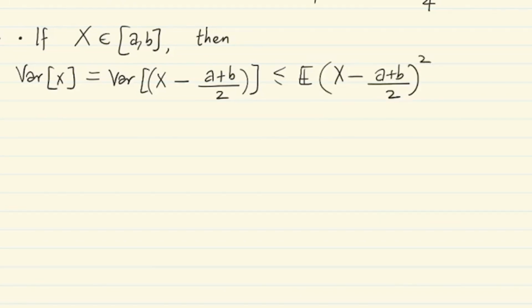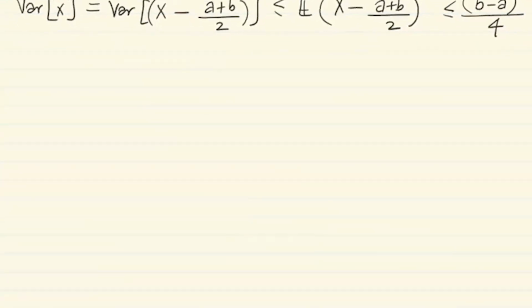Okay, and since X is bounded between a and b and (a plus b) by 2 is the midpoint, the largest that X can deviate from the midpoint is (b minus a) by 2, and so this gives you a bound of (b minus a) the whole square by 4. Okay, by the way, this bound is tight. You can easily convince yourself that you can design an appropriate random variable X between a and b that meets this inequality with equality.